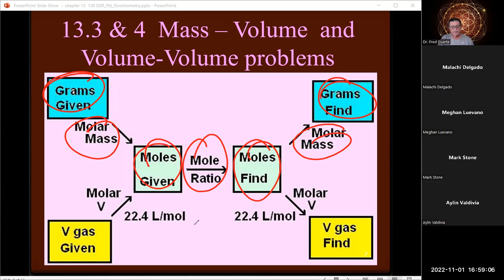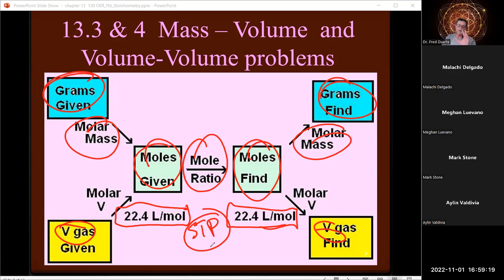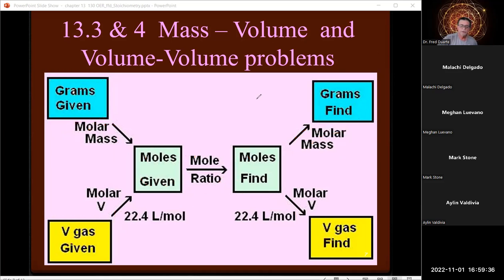But keep in mind, if you're at STP, you can move on to figure out the volume using this relationship here, if we're dealing with gases, and only at STP. So whenever you come up with a problem, print out this flow chart, and it will help you identify where you're at on this flow chart, and then that will assist you to get from point A to point B. And just remember, the common factor to get from A to B is through moles.